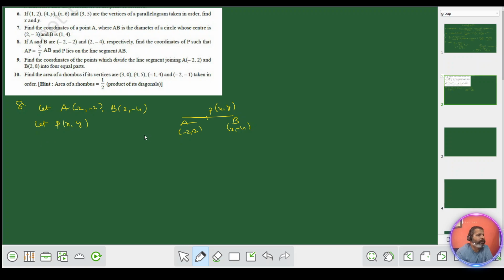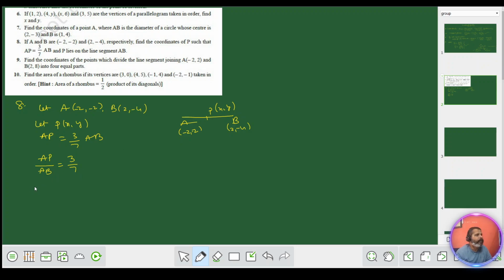AP is equal to 3 by 7 AB. That means if you take AB to the left side, it becomes 3 by 7. Means AP by AB is 3 by 7.